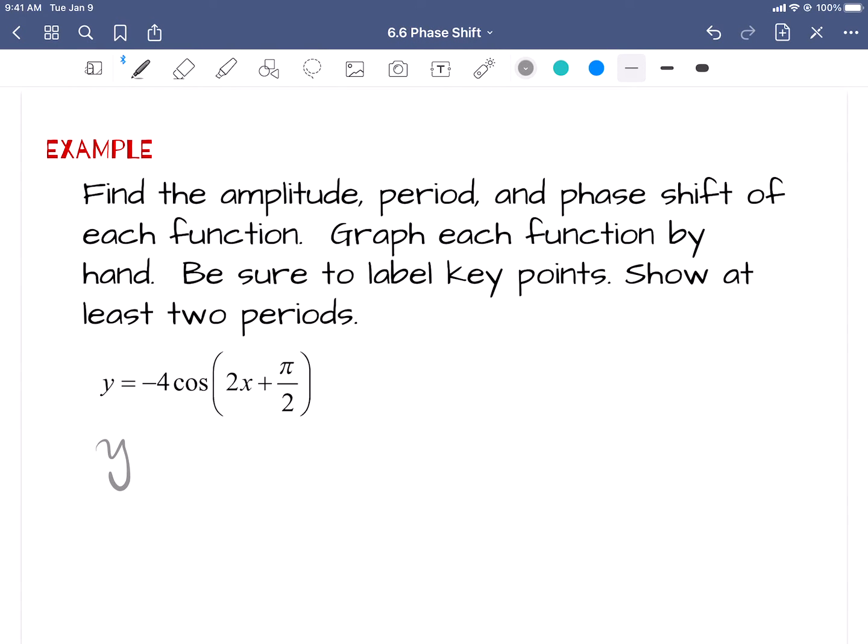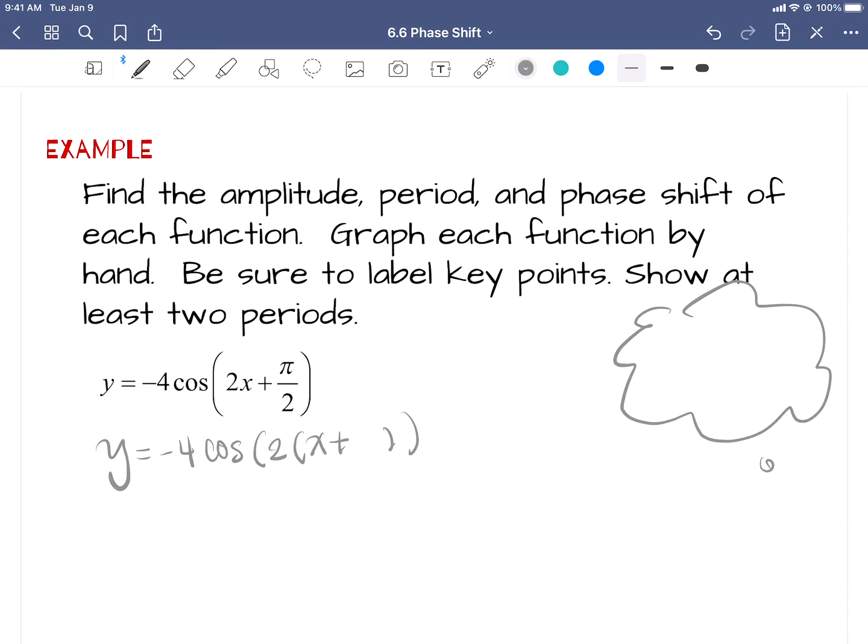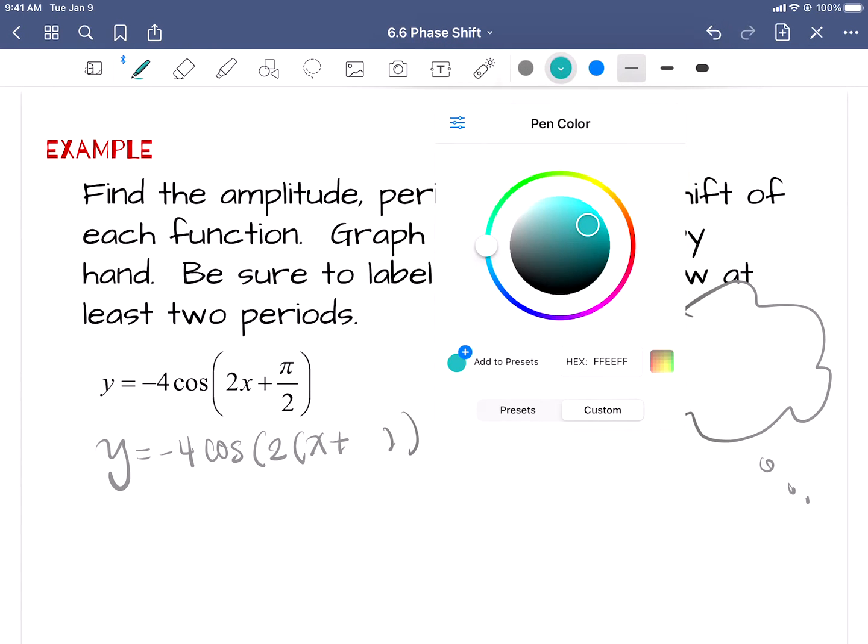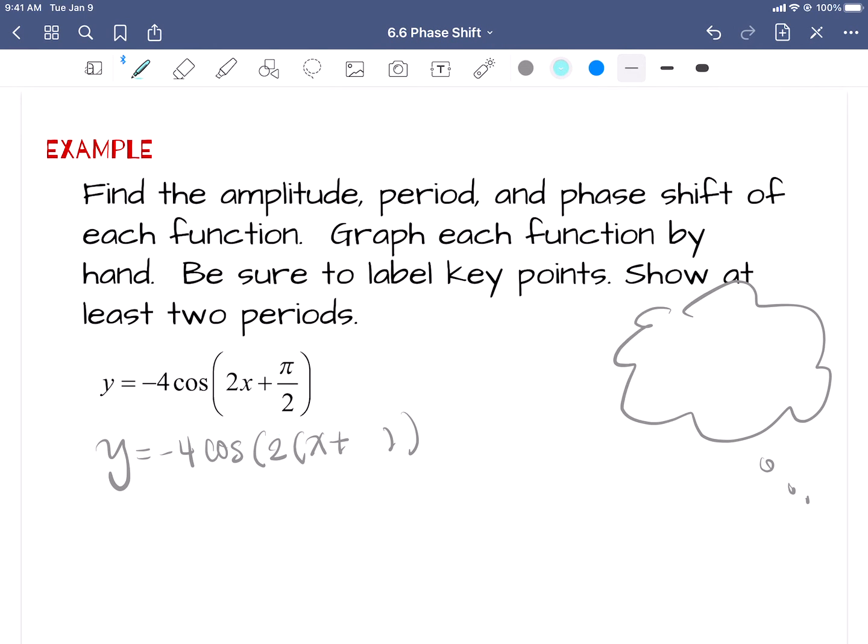Okay, so I'm going to factor out the coefficient of x. And I have a little thought over here. I say, all right, if I'm going to distribute this guy back through, he's got to multiply. This guy back here has got to end up being pi over 2.